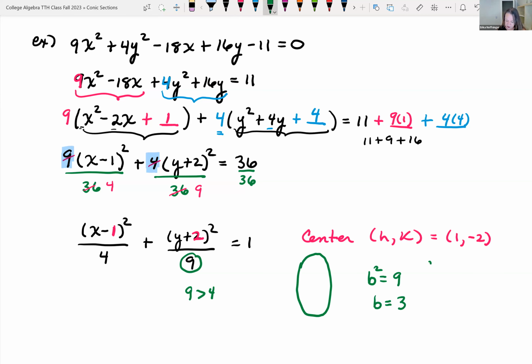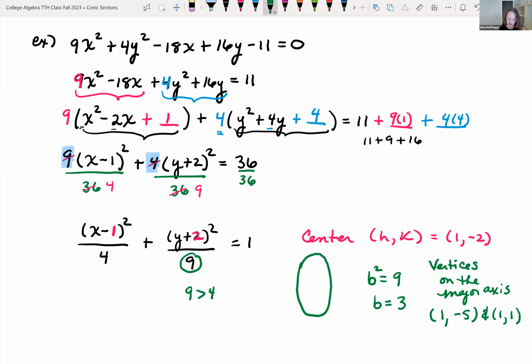So to get the vertices on the major axis, going up and down from the center, I would still have the x value of 1, but -2 minus 3 gives me -5. And the other vertex, 1 is still the x value, but now I have -2 plus 3, which is 1.